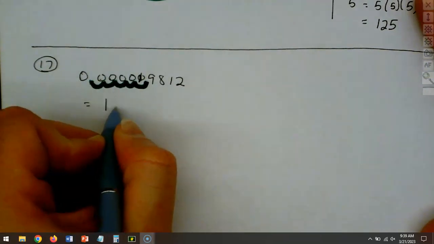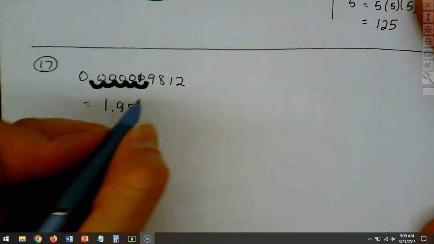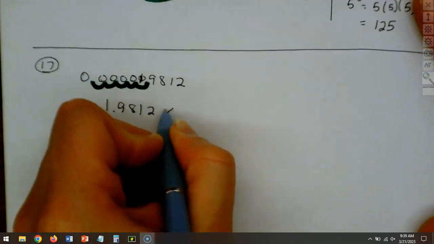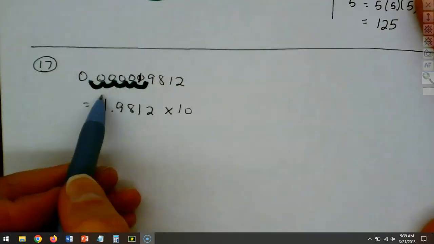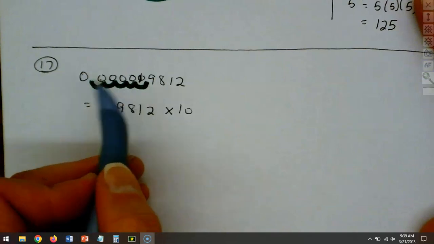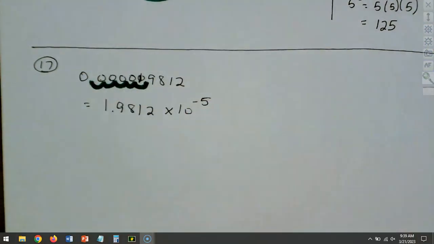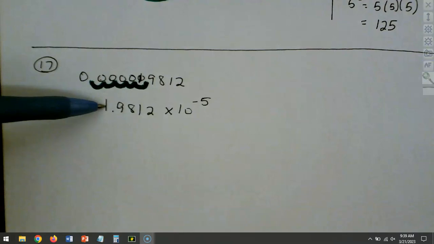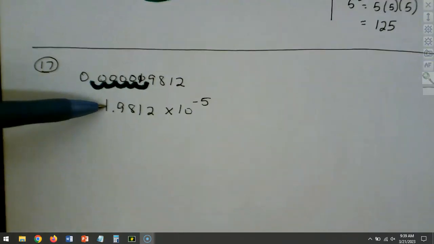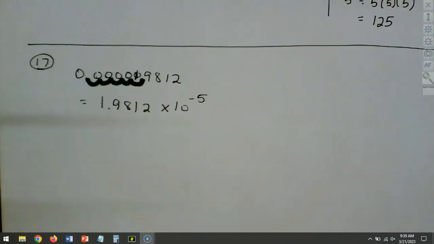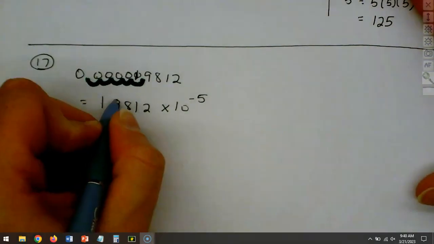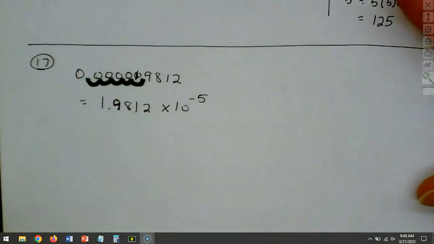And so that is 1.9812, and we had to move it 1, 2, 3, 4, 5 places over. So that's going to be times 10 to the negative 5th power. What we need to make sure of is that you have one digit and one digit only, and then the decimal point. So always make sure you get one digit in front.